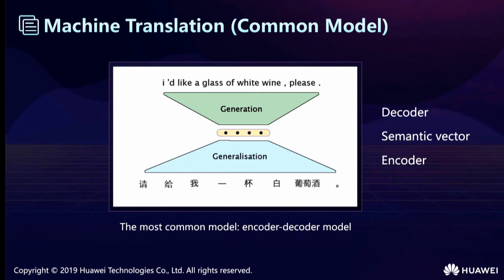We use the encoder and the decoder to turn the syntax into vectors, which needs an RNN-like neural network, the encoder-decoder model. For example, a sentence like a glass of white wine, please, is translated by generation from the vectors, and it will translate it into Chinese.